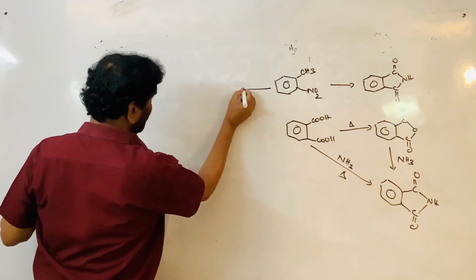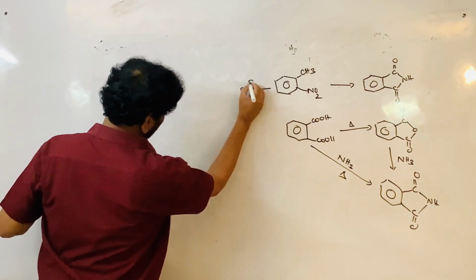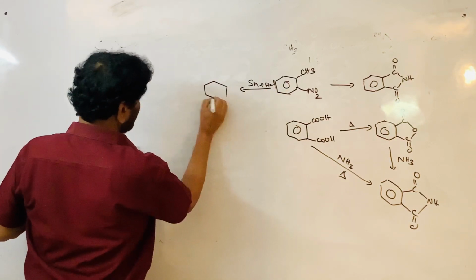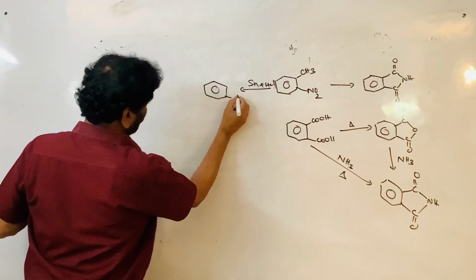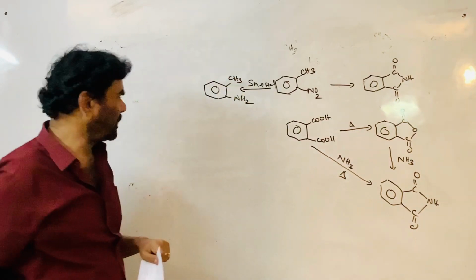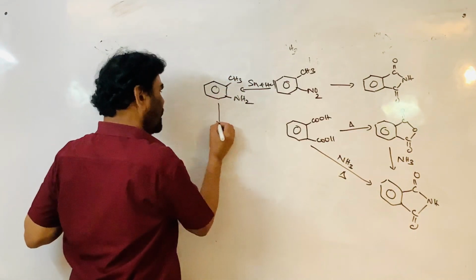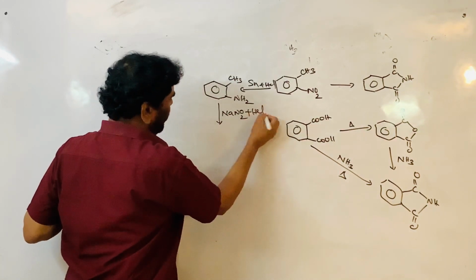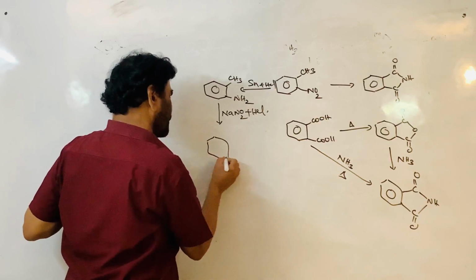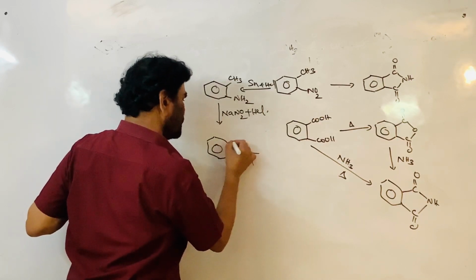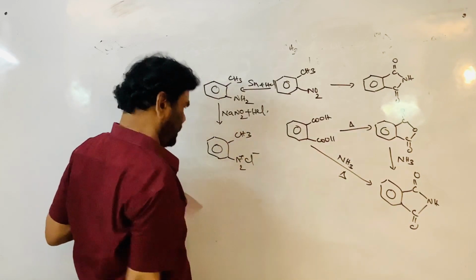Treat with Sn plus HCl, where the nitro group is reduced to the amino group. This you know. The second step is treatment with NaNO2 plus HCl under low temperature conditions, converting it into the diazonium salt plus Cl minus. Methyl remains as it is.